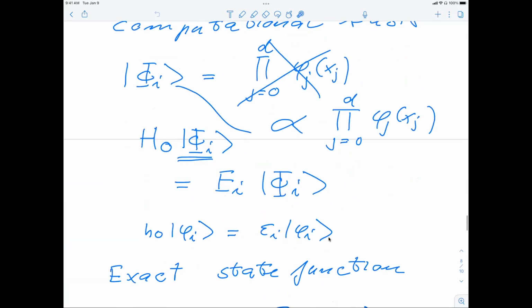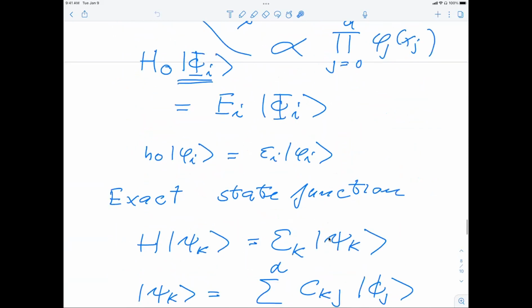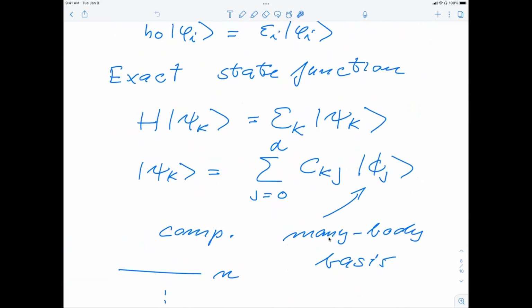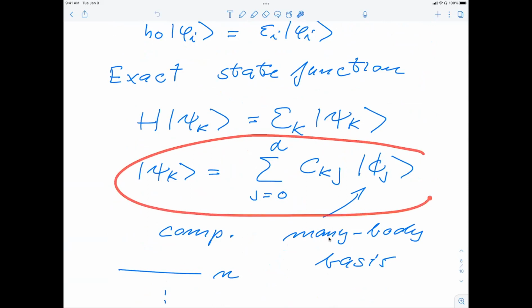And in our case, that means that, and this is the thing we are going to look at today, when we have this one-body part of the Hamiltonian, the sum over all the one-body operators, this actually leads to a problem which has its own eigenstates and eigenpairs, as we call them, eigenvectors and eigenenergies. Then the exact state function can be represented in terms of this expansion here.